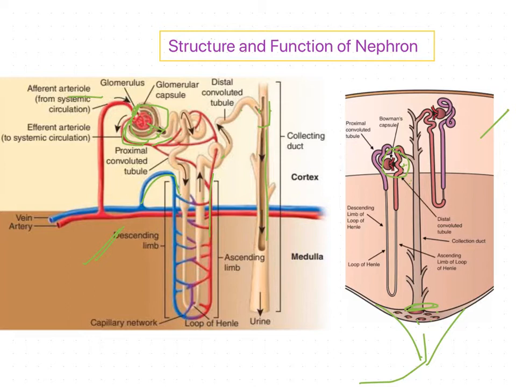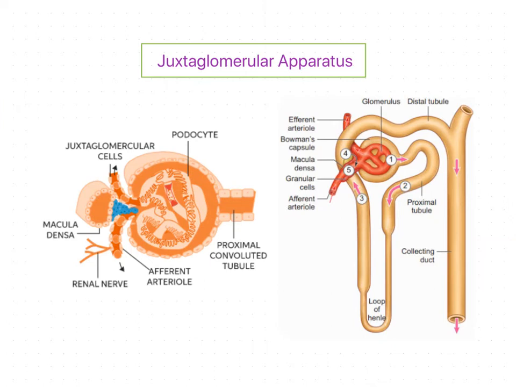So the vascular pole of the glomerulus, which is intimately related to its own ascending limb of the Henle's loop, which is nearer to the distal convoluted tubule, is called the juxtaglomerular apparatus.